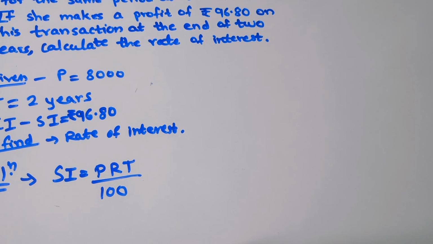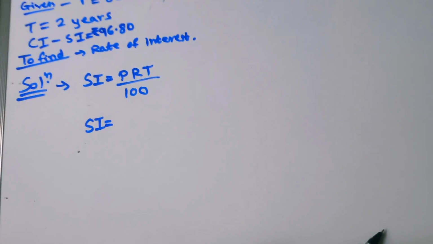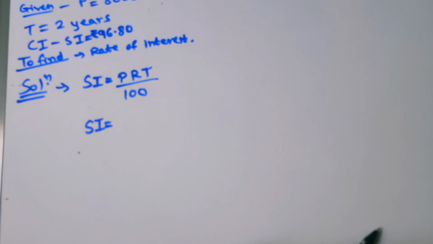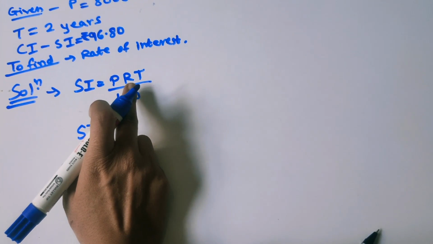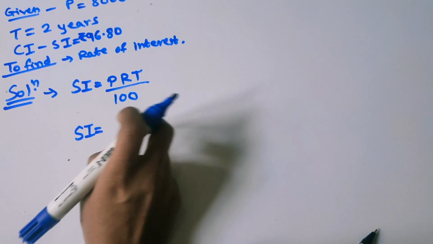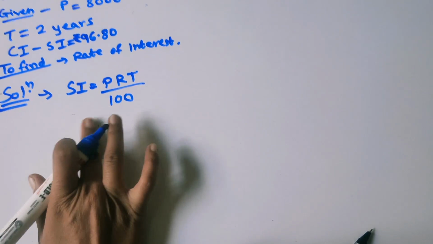Now let's substitute the values. The principal amount is 8,000, which is given in the question. First of all, we will take the rate of interest as R. Okay, let R be the rate of interest.